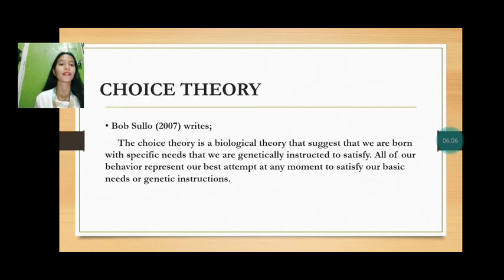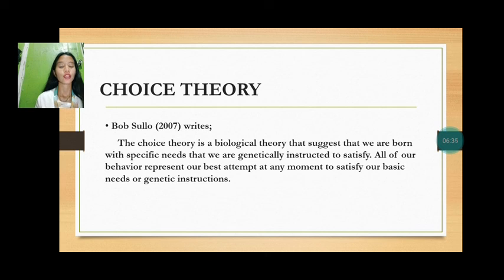Okay, let's move on to choice theory. According to Glasser, 2007, choice theory is a biological theory that suggests that we are born with specific needs that we are genetically instructed to satisfy. All of our behavior represents our best attempt at any moment to satisfy our basic needs or genetic instructions.